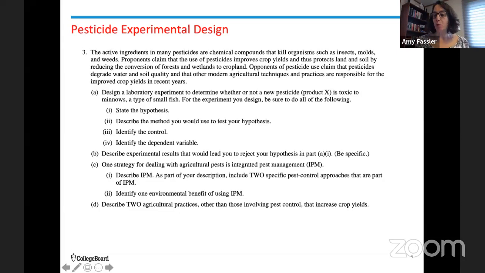Proponents, people that are pro the use of that insecticide, claim that pesticides improve crop yield and thus protect land and soil by reducing the conversion of forests and wetlands to croplands. Opponents of pesticide use claim that pesticides degrade water and soil quality and that other modern agriculture techniques and practices are responsible for increased or improved crop yields in recent years.